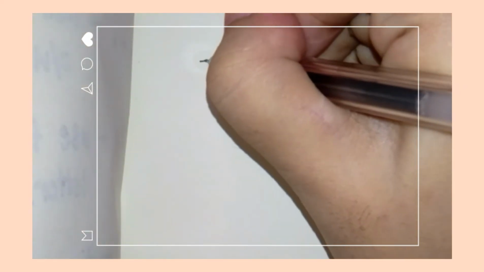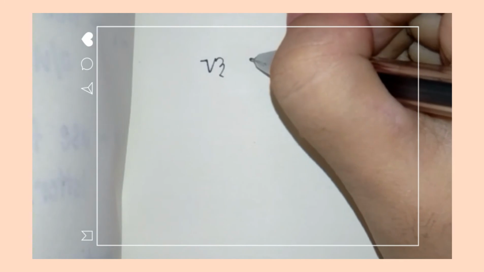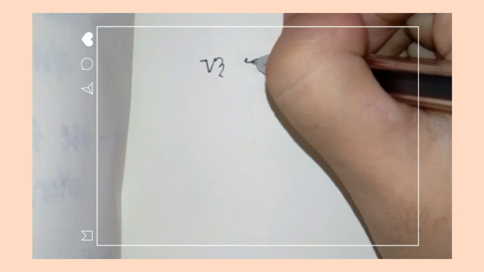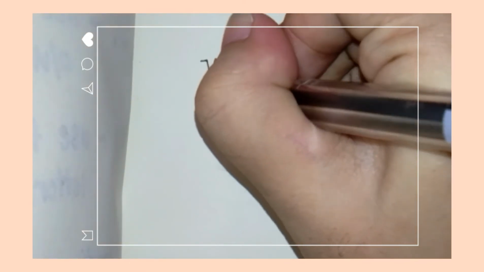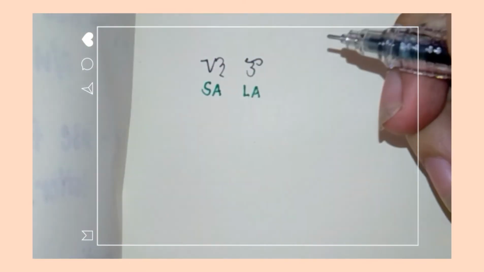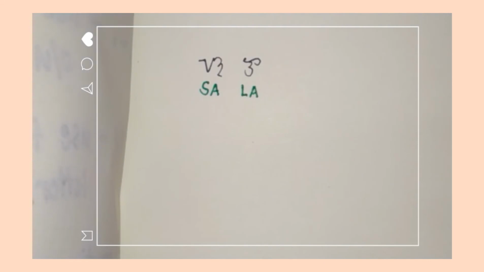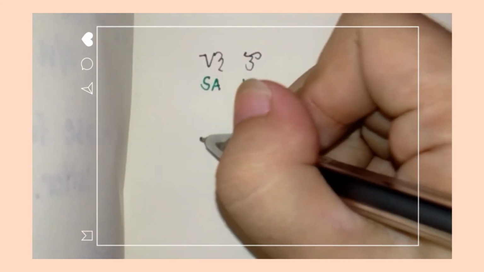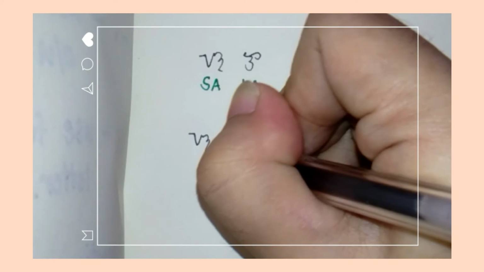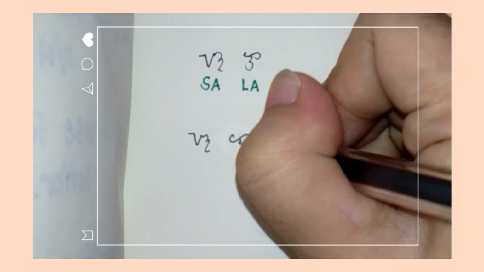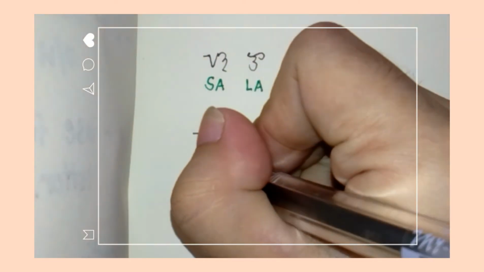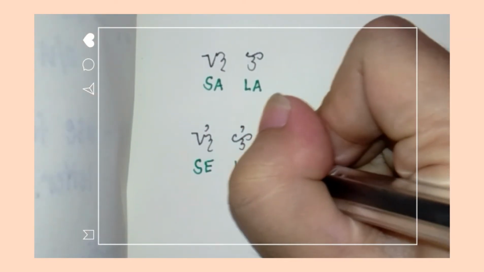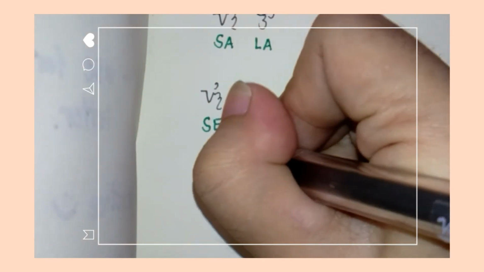So okay, let's start this one. This is pronounced as sa, la, since there are no kudlits on the characters, either upper or lower. Next is sili, because the kudlits are on the upper part of the character. So it can be read as sele or sili.